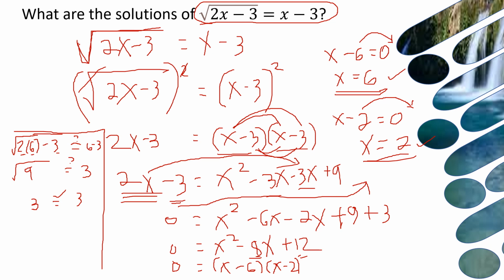The other solution that we have solved, which is 2. Again, plug in 2 to the equation. So we have 2 times 2 minus 3 equals 2 minus 3.